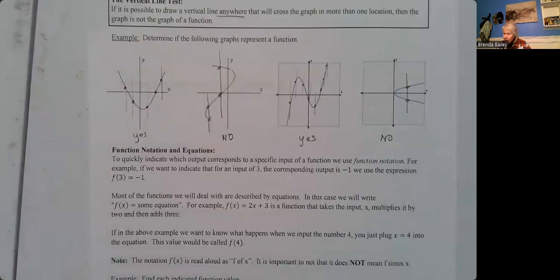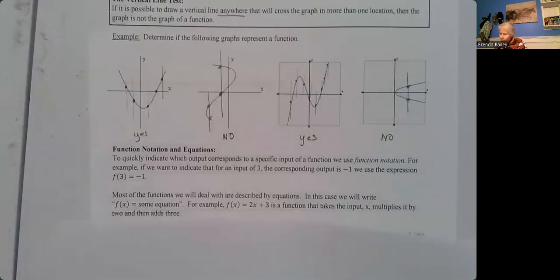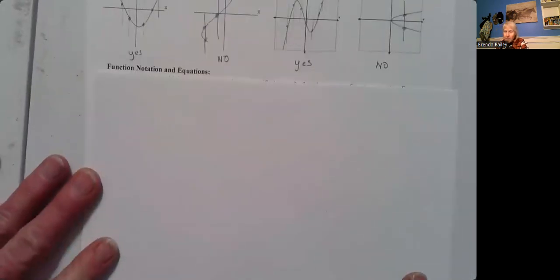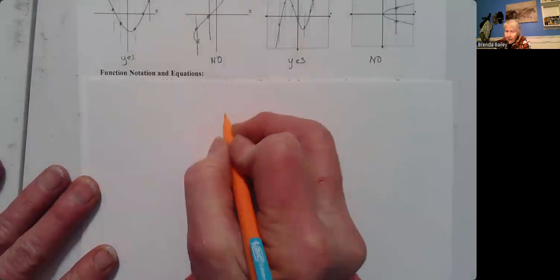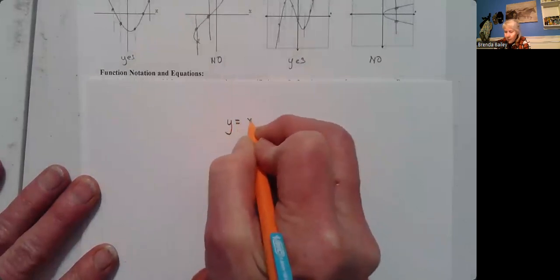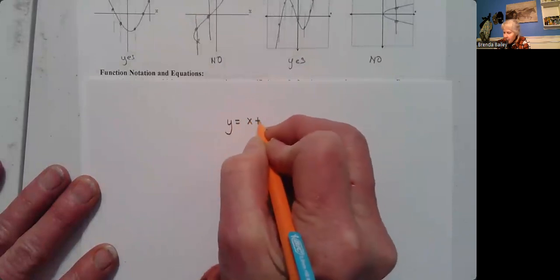All right. Now we're going to look at function notation, and equations. Again, new to some people. Function notation. I'm going to talk about it a little bit before we do some of these examples. All right, most of you are used to having an equation. Y equals, let's just make it really easy, X plus 2.